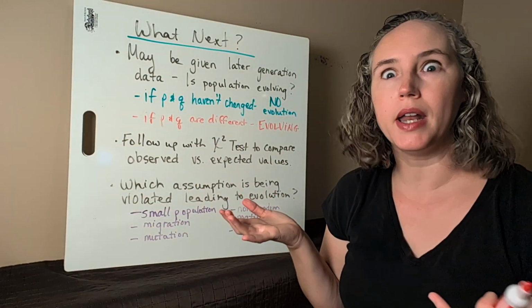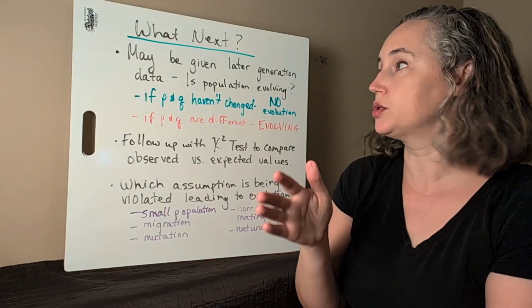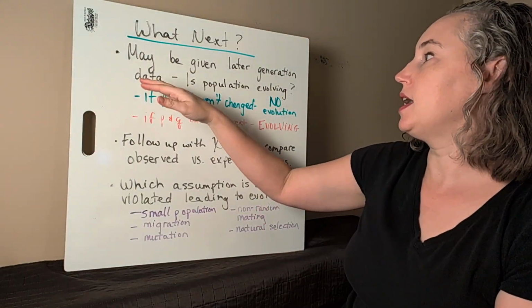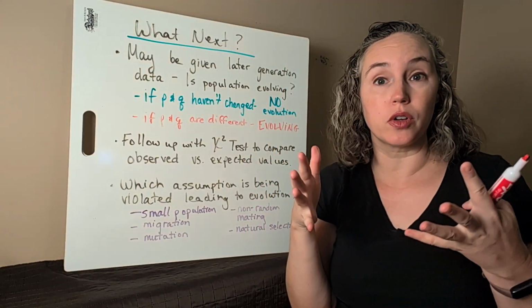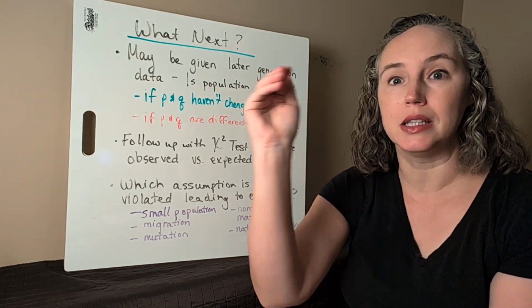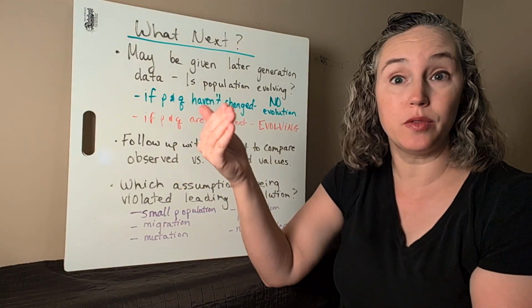So what next? A question like an FRQ or even a multiple choice question may have you figure out the current data, and then it might give you a later generation's data, and it'll ask you, is the population evolving?